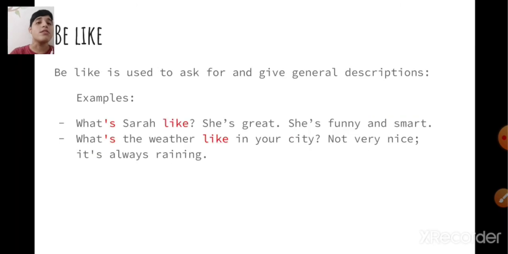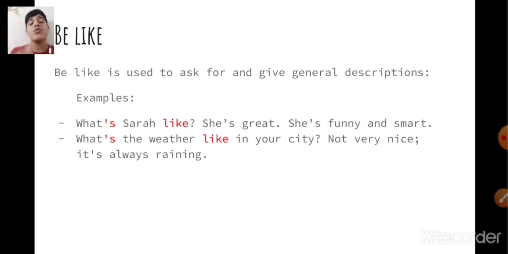So let's continue. Be like, guys. Be like is used to ask for and give general descriptions. For example, what's Sarah like? Okay, what's Sarah like? Or without the contraction, what is Sarah like? Remember that the expression is be like.